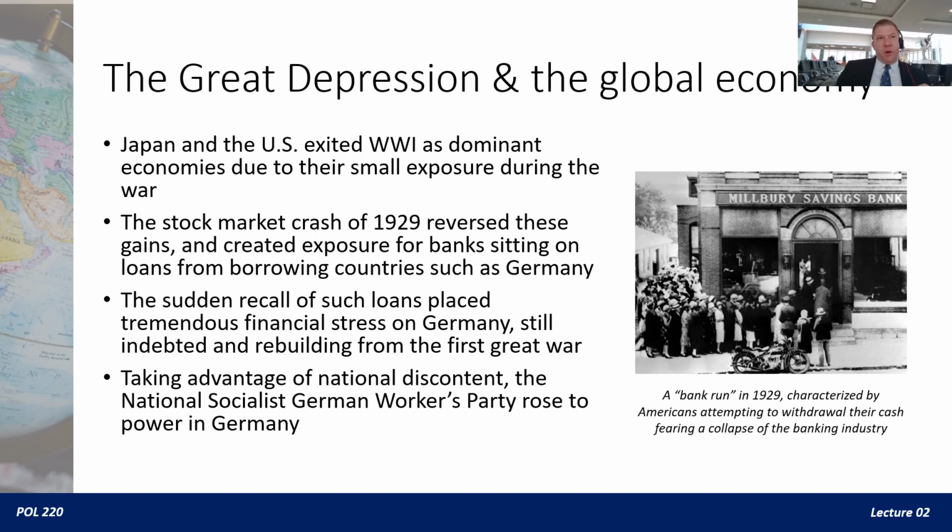When the U.S. stock market crashed, U.S. banks that had loaned money to Germany had to call in those loans, demanding that Germany repay them. As a result, the German mark, their currency, lost almost all of its value, and their economy plummeted. This placed great financial stress on Germany, really at the time when they were still rebuilding.